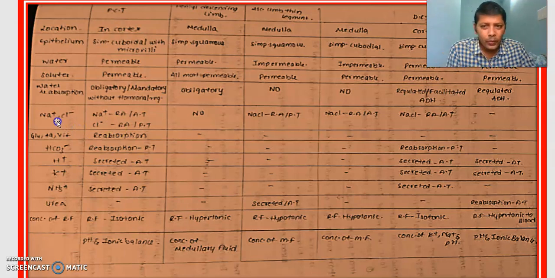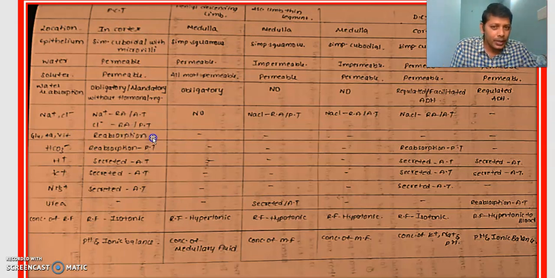And Na plus, how is Na plus reabsorbed? Na plus is reabsorbed by active transport, and Cl minus is reabsorbed by passive transport. Glucose, 100% amino acids, 100% vitamins are also reabsorbed, by what?